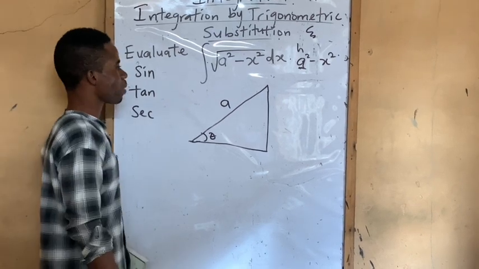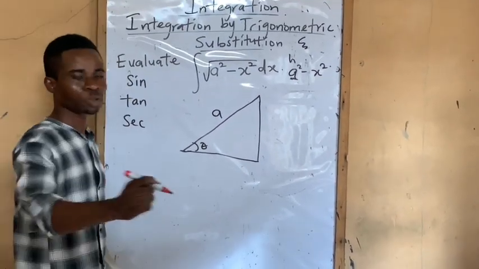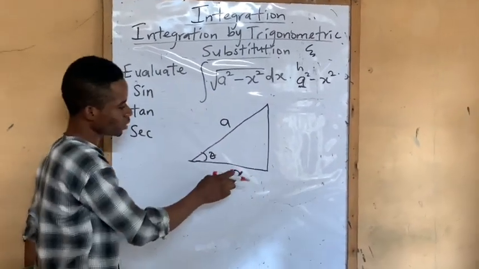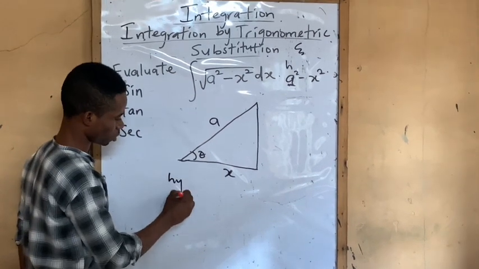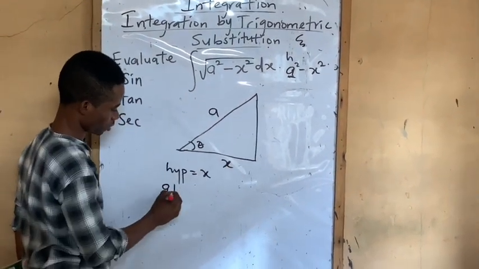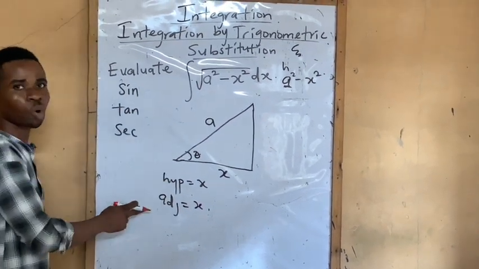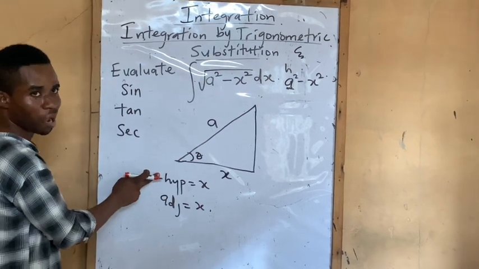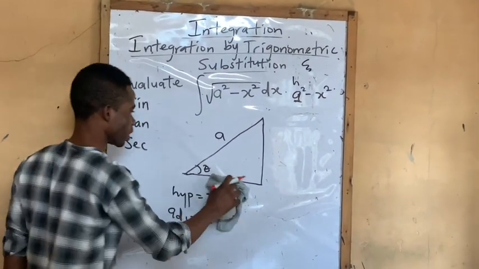If I put my x here, this is opposite and this is adjacent. Adjacent is x, and for us to have this, that is cos, and I don't have cos here, so that means you cannot put your x here.